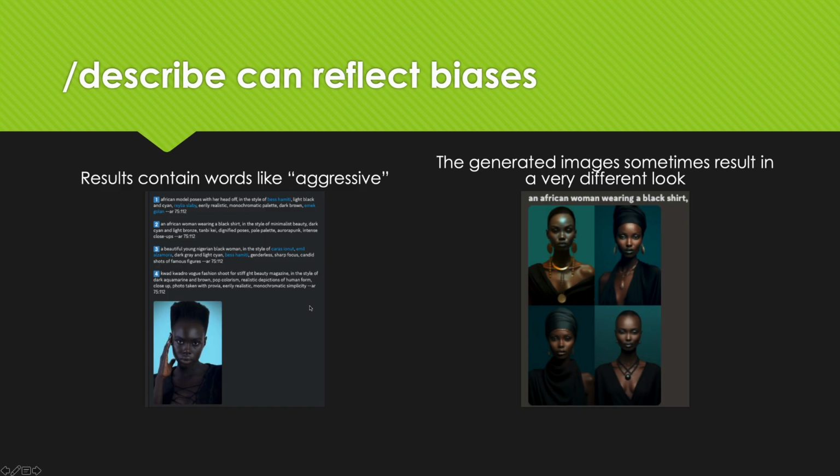Describe can also reflect biases. So when you run this image through Describe, I think at least one of these descriptions featured the word aggressive. And sometimes the generated images result in a very different look, but not always. I mean, this one is not that different. But sometimes when you generate an image, it will have significantly lighter skin, or it'll look significantly different in a certain way.